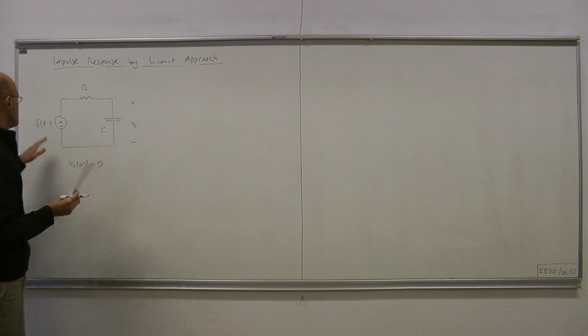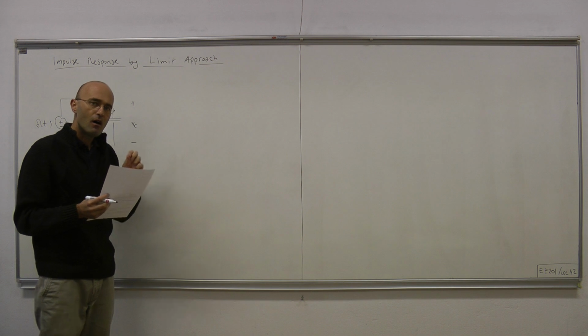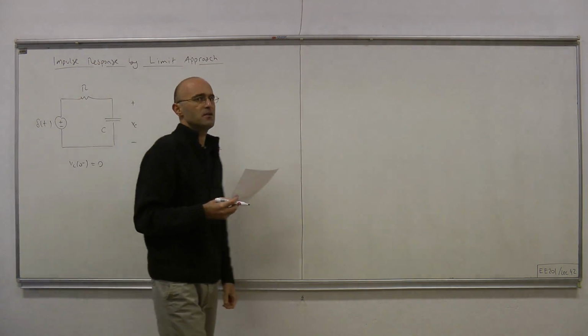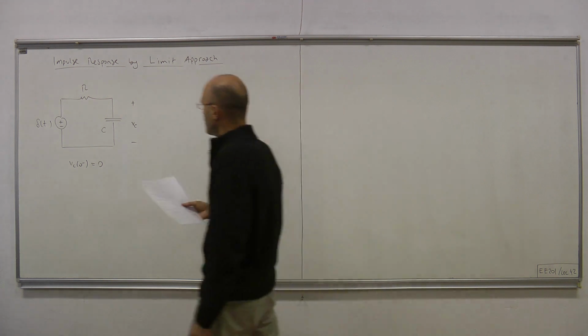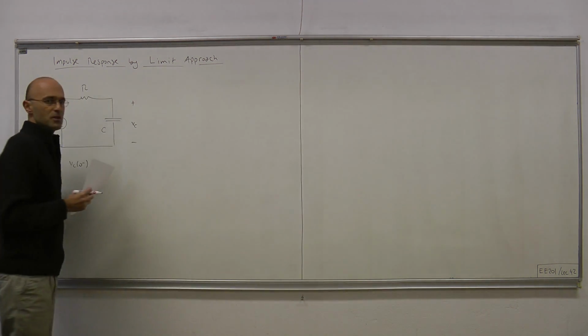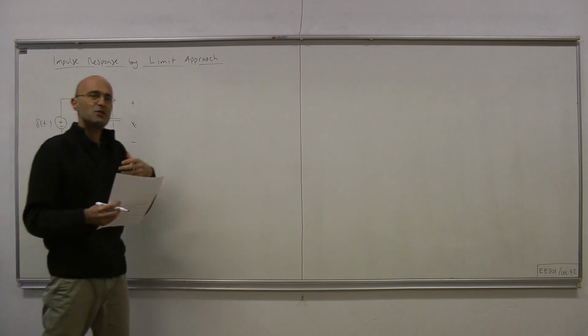Now, since the impulse function is non-standard and hard to deal with due to its unbounded nature, let's in this lecture try to deal with it through its bounded version.